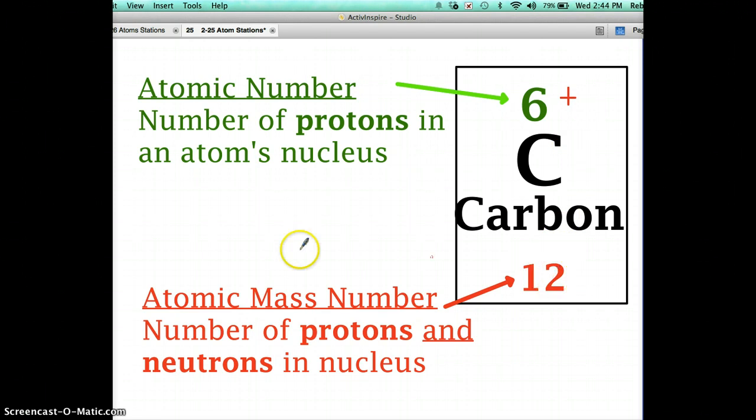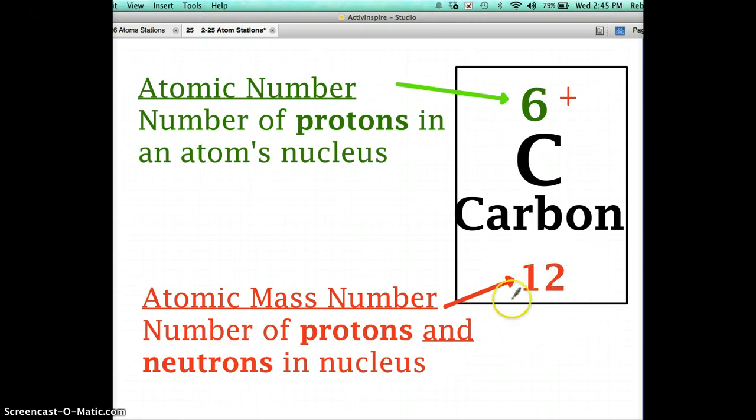The number on the bottom is called the atomic mass. Now, if you'll remember that the protons and neutrons are the largest particles, therefore, they are the ones that give mass to the atom. Electrons don't give any mass because they're too small. So the atomic mass number is the combined number of how many protons and neutrons are in the nucleus.